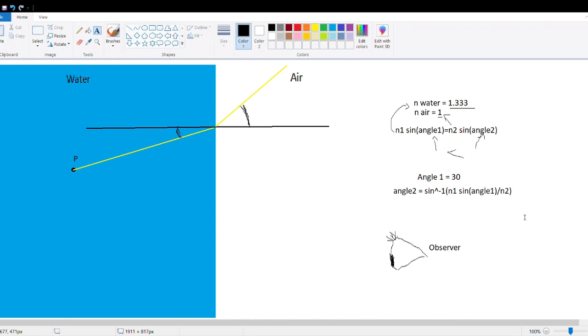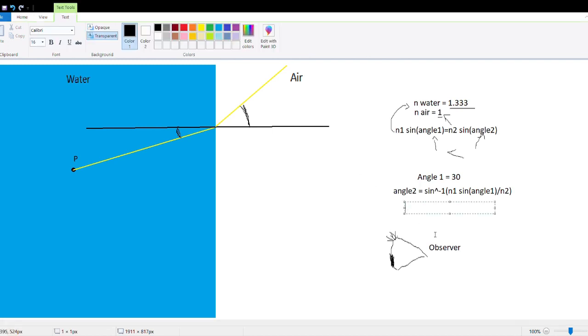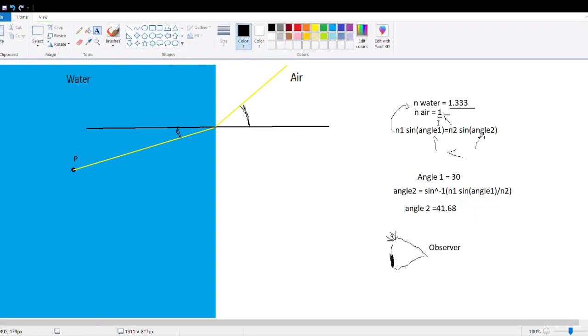It equals 41.68 degrees. As we said, since n of air is smaller than n of water, the angle in air will be bigger than the angle in water because sine is bigger with a bigger angle.